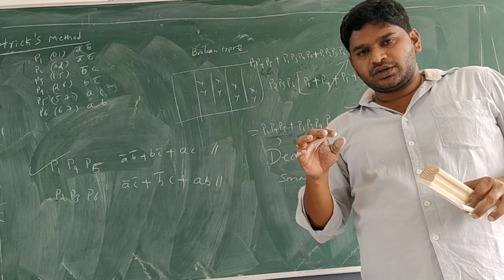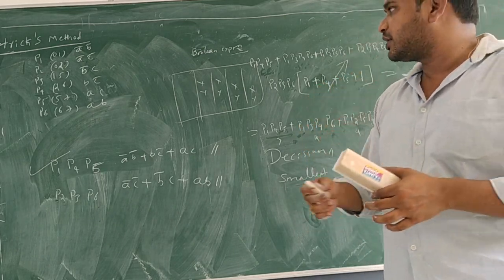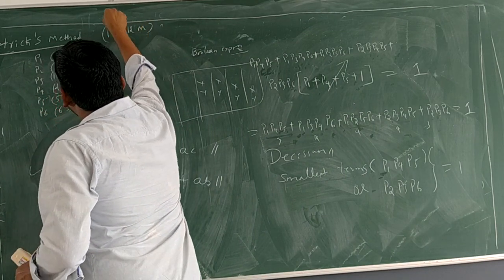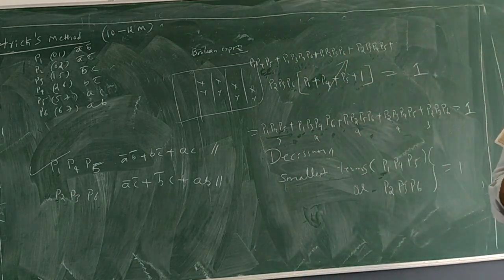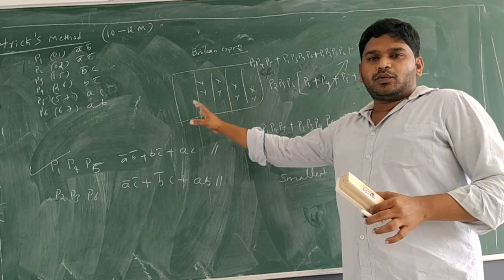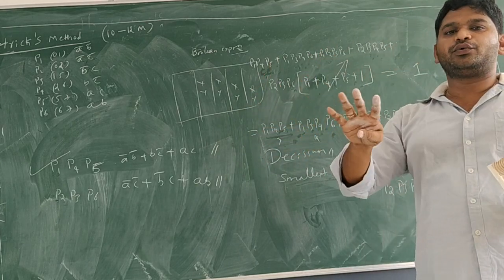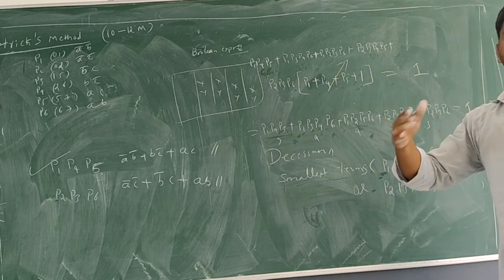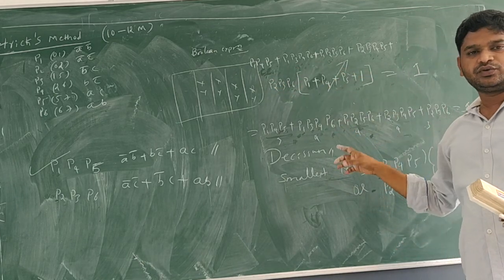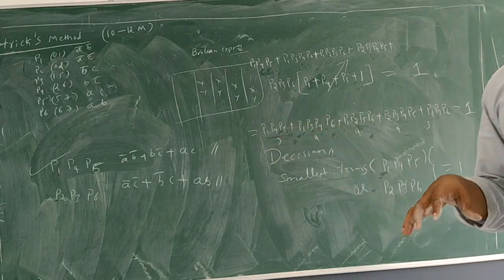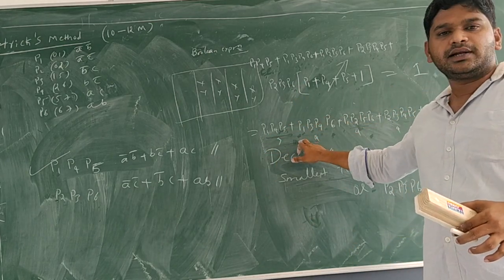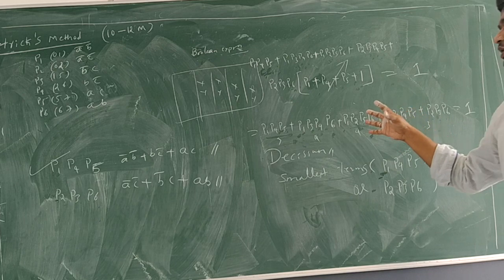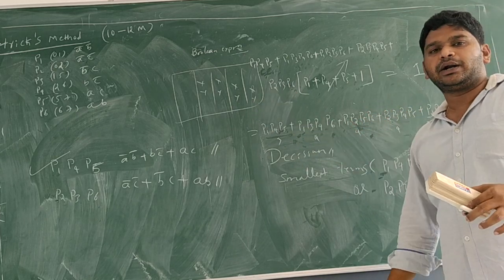Please remember, this question will be asked for a minimum of 10 to 12 marks. This is a 3 variable problem, so it is simple. For 4 variables, it will take a lot of time, because we need to invest more time in simplification. So be thorough with all the previous QM method and Boolean simplifications you have learned in your DMS. Most of the problems come from there. So this is what Petrick's method is.